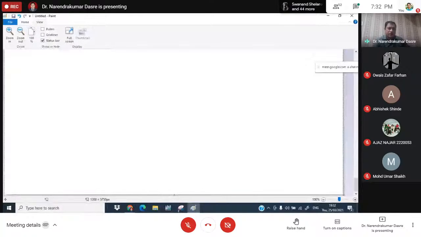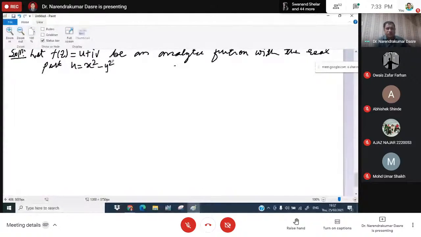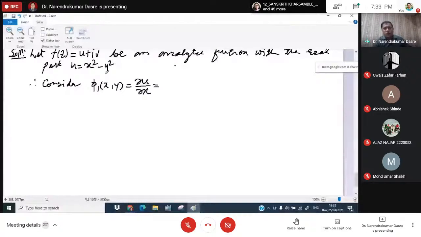Okay, so what we have here: phi 1 of xy, that is the derivative of u with respect to x. Now we are finding the derivative of this term with respect to x only. So y is treated as a constant, so the derivative of that term will be 0, and hence the derivative will be 2x only.